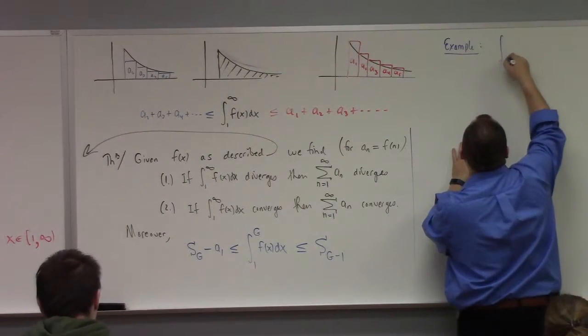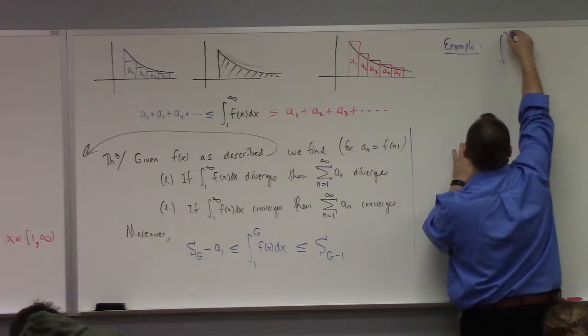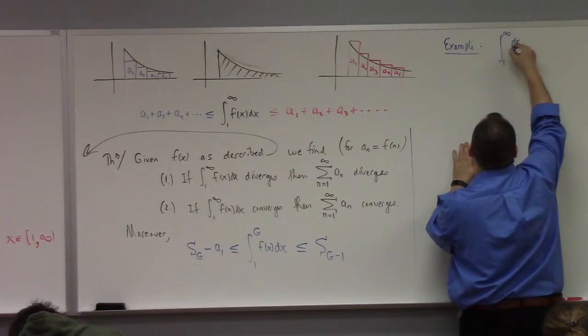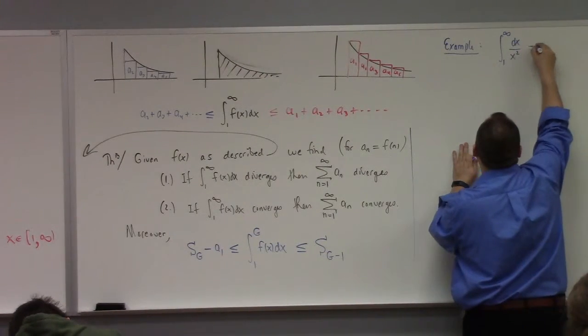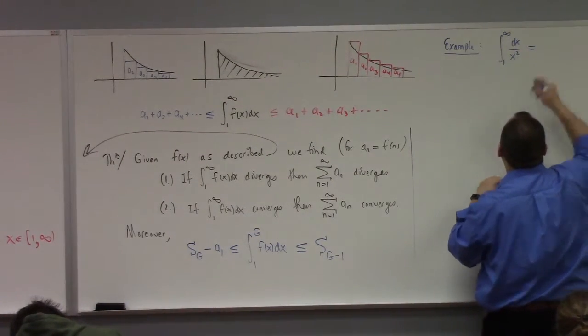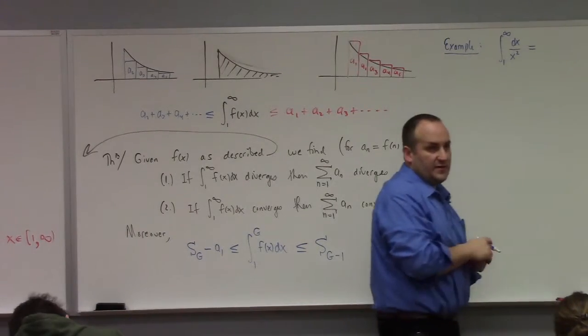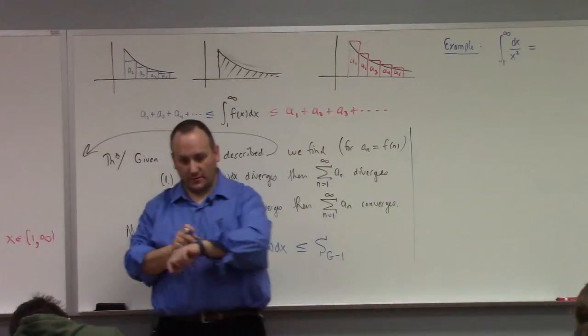We have calculated before the integral from 1 to infinity of dx over x squared. What is it? This was the p equals 2 integral, remember? What did it work out to?